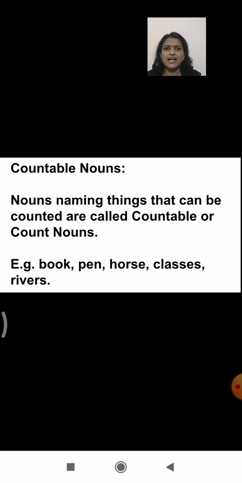And uncountable nouns, they don't have plurals. So that is a difference again. Countable nouns have plurals, whereas uncountable nouns do not have plurals. And you can also see that most of the common and collective nouns have plural forms, right? River, rivers, class, classes, isn't it? So we can just count them.